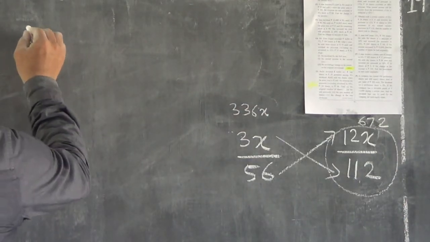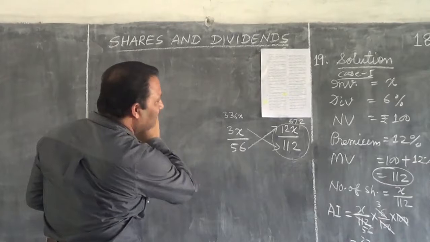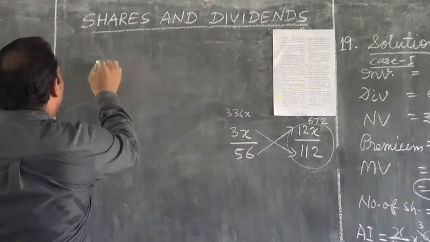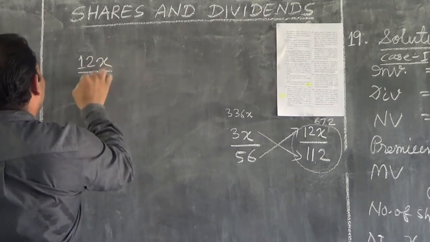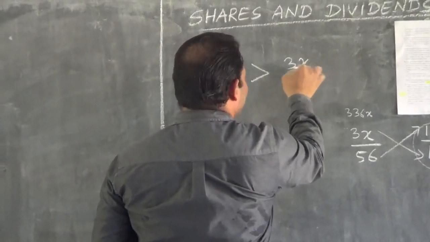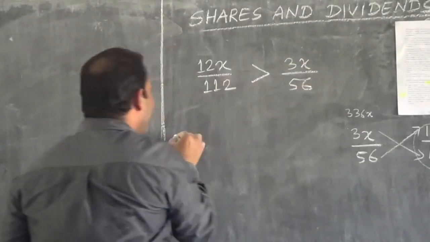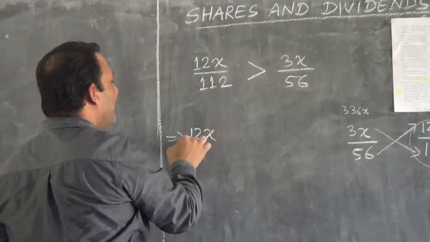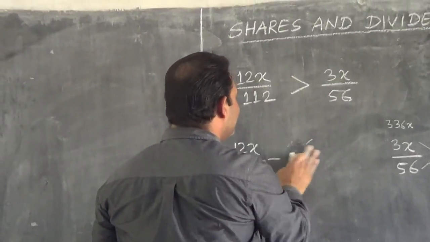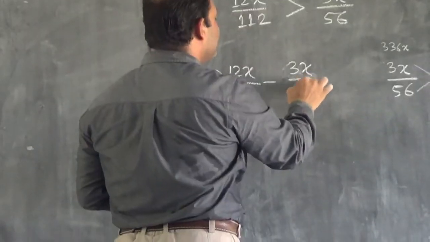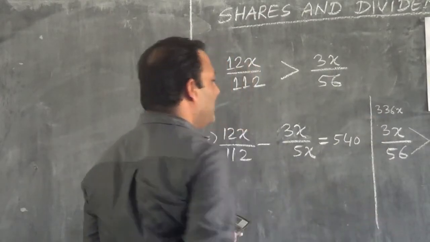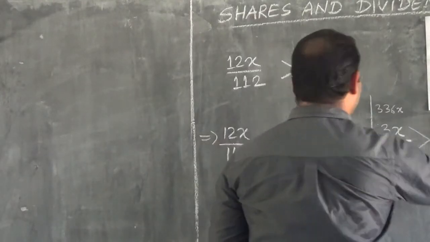So I can write here 12x by 112 is greater than 3x by 56. That implies 12x by 112 minus 3x by 56 equals 540, because it is given 540.